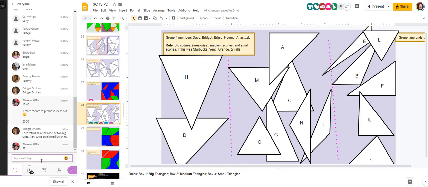Group 4, tell us, were you thinking the same way or a little differently in your size categories? Maybe someone can tell us here too, but I think it's kind of the same. Large or big in terms of area, medium, and small ones.